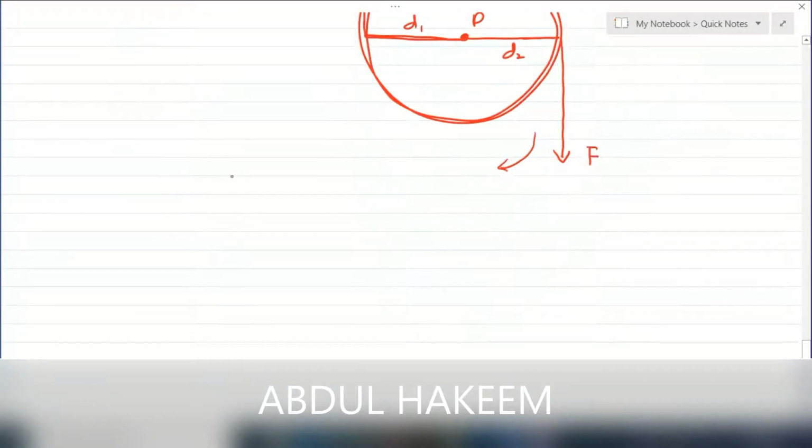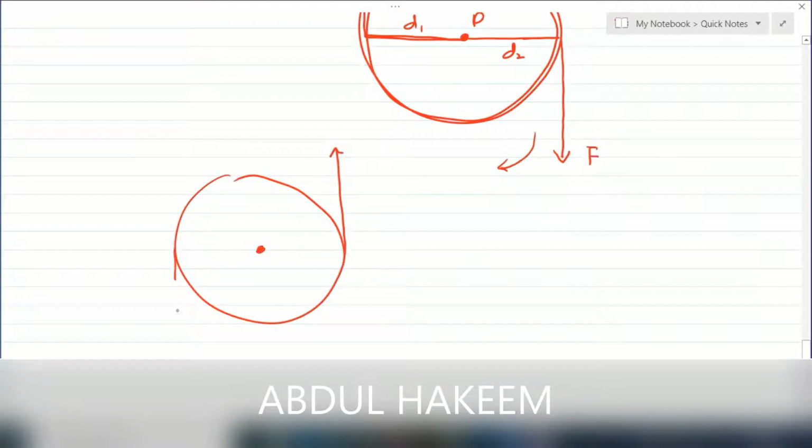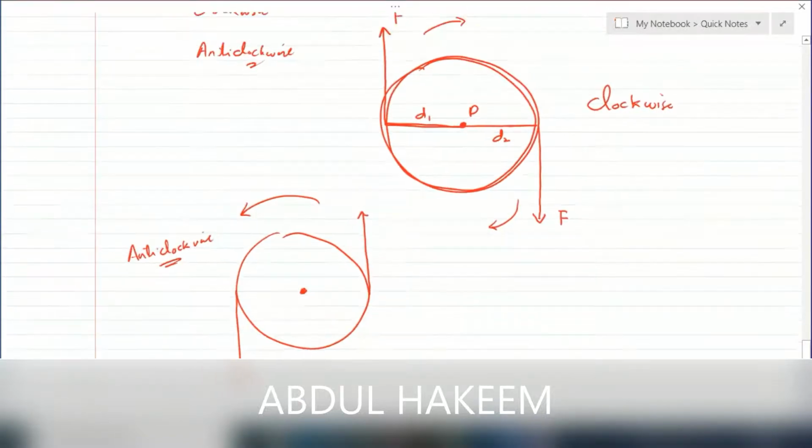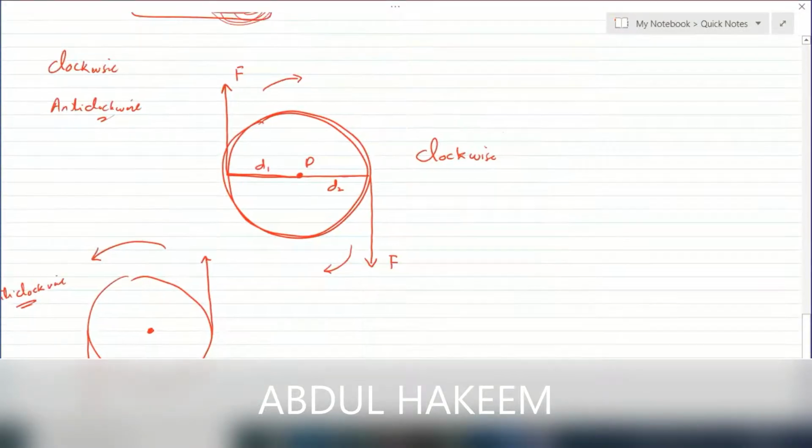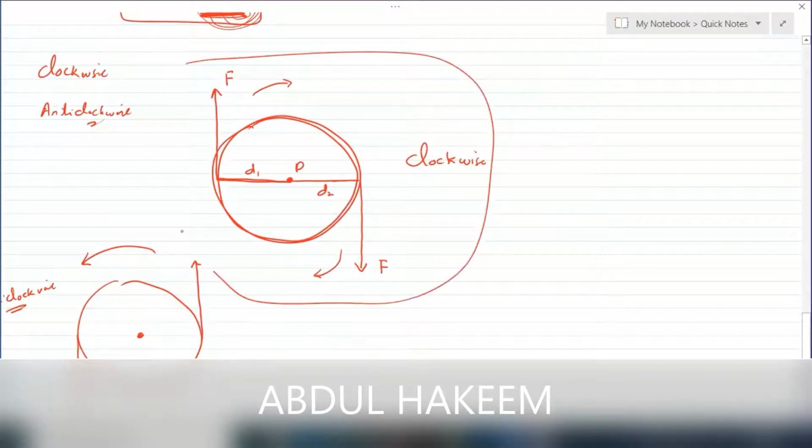But when we have another disk, one force is in this direction, the other force in this direction, both forces are trying to rotate in this direction, which is anti-clockwise. So there are two types of the turning effect, moment, torque: clockwise and anti-clockwise. Now in this example, look, both forces are equal in magnitude.